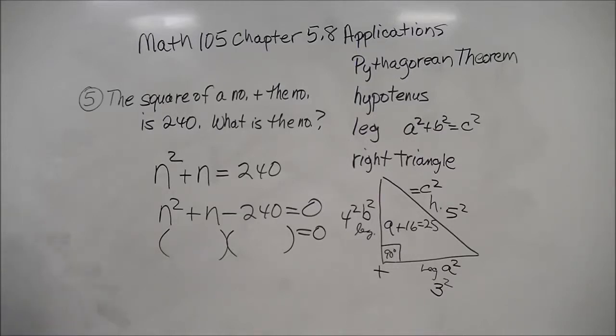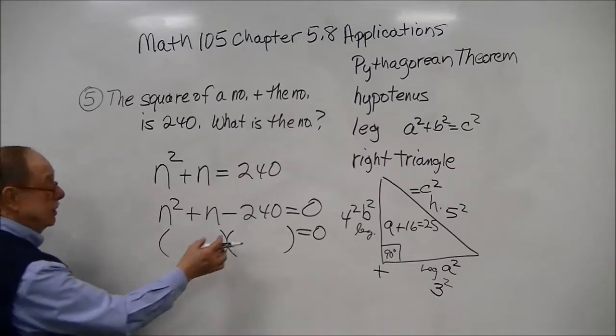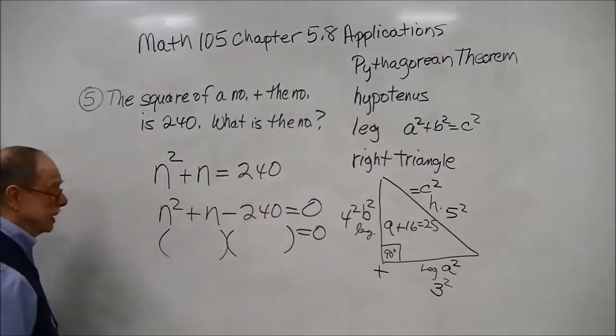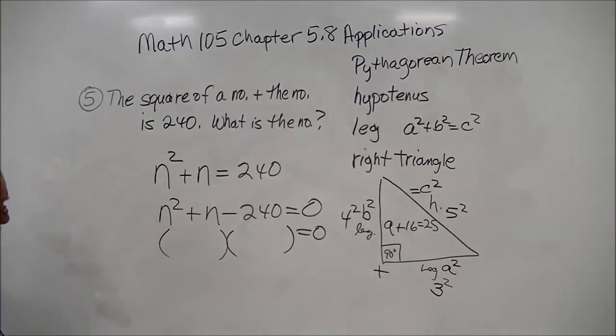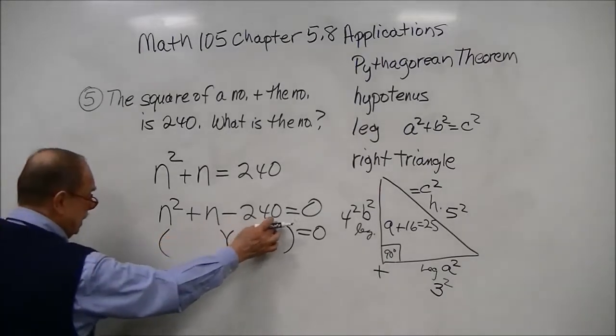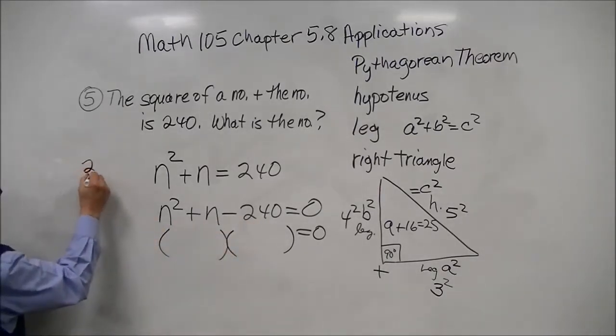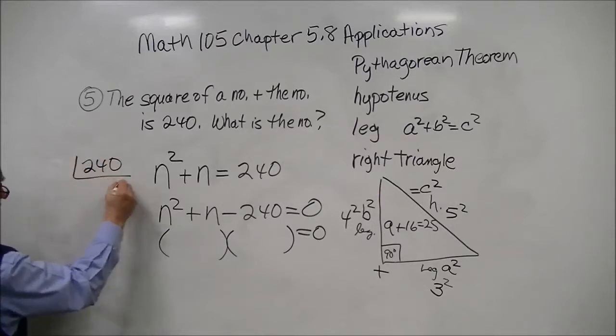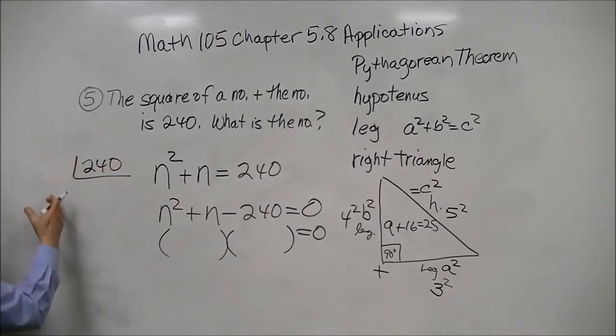So how in the world would you possibly figure that out? Because who knows all the factors of this? Well, the strategy for it would be to take this 240 and get the prime factorizations over here.